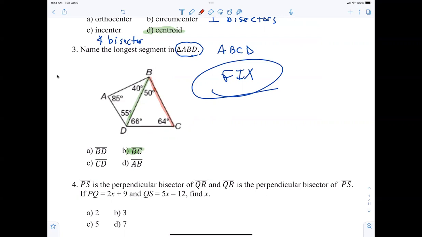Does everybody agree with that? So because of that, BC must be larger than BD. Therefore, BC was supposed to be the correct answer. So again, make sure you change that for me. I need to correct this. All right. Next.